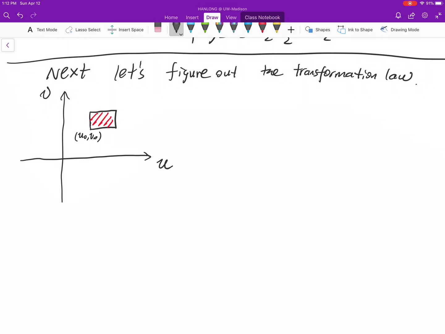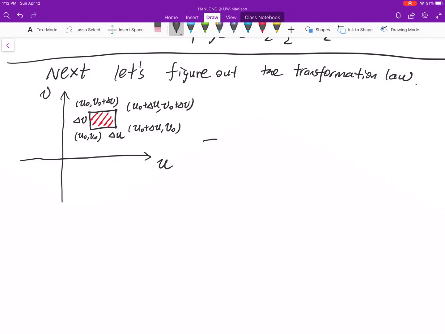The lower left corner, let's call it (u0, v0), and then this is du, this is dv. Therefore, the points here are (u0, v0 plus dv), (u0 plus du, v0), and (u0 plus du, v0 plus dv). So you have 4 corners.